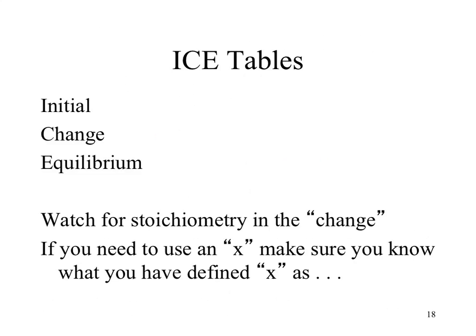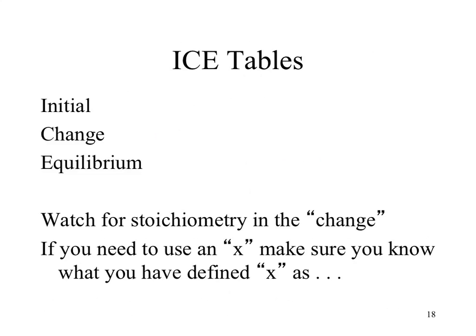The other big thing we picked up in chapter 14 was the introduction of ice tables. So we need to watch out for stoichiometry when we deal with the change. At least in chapter 14, we really had to watch out for that. Why? Our coefficients weren't always 1.